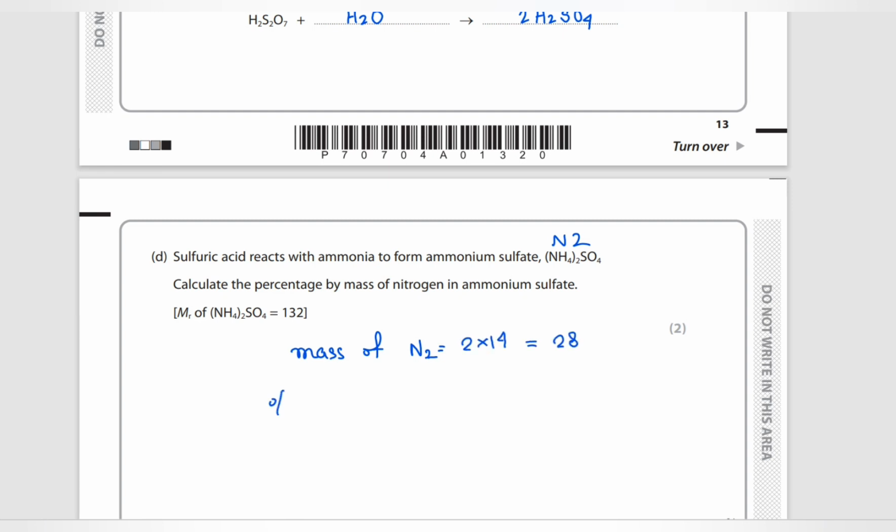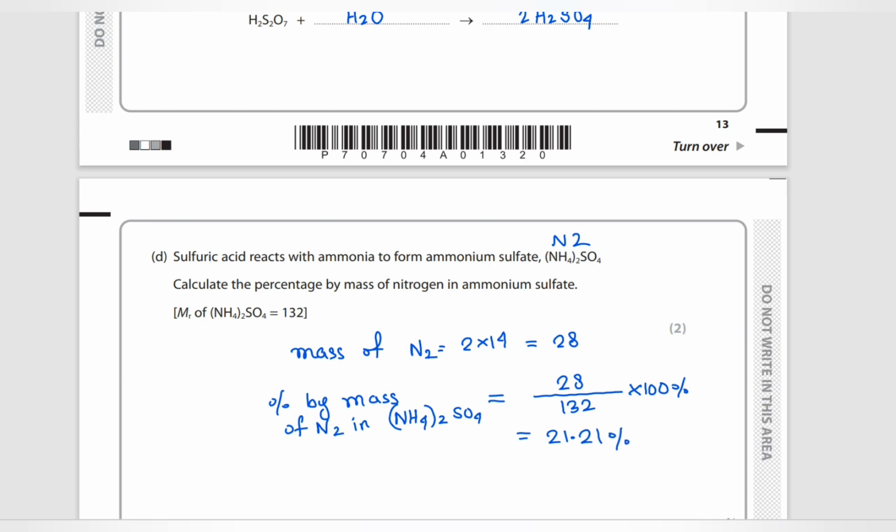So the percentage by mass of nitrogen in (NH4)2SO4 is 28 over 132 times 100%, and if you calculate it, you get a value of 21.21%. So with this, our question part D ends.